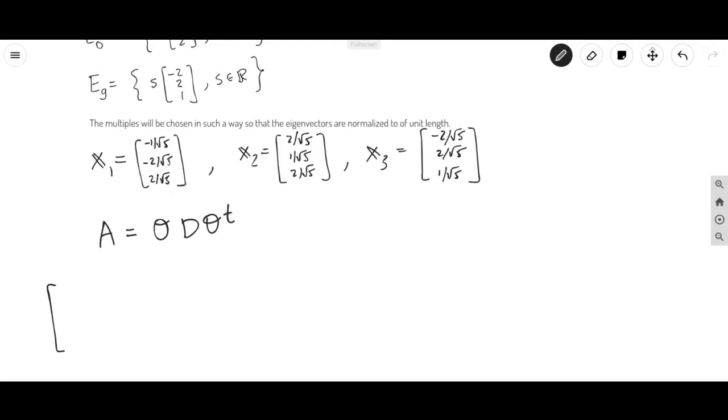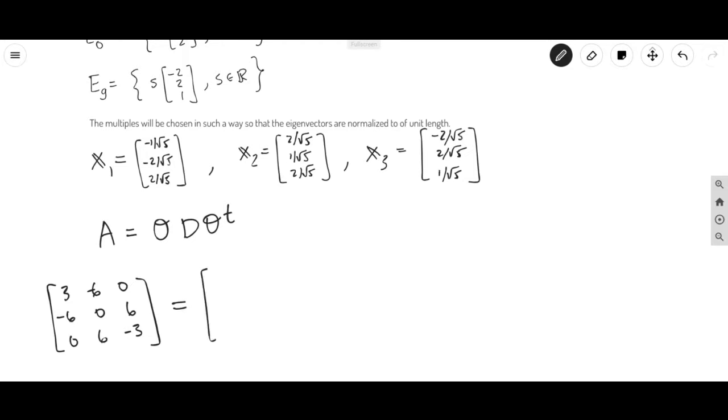If we actually write it out, our matrix was 3, 6, 3, negative 6, 0, negative 6, 0, 6, 0, 6, negative 3. And then that would be equal to O.